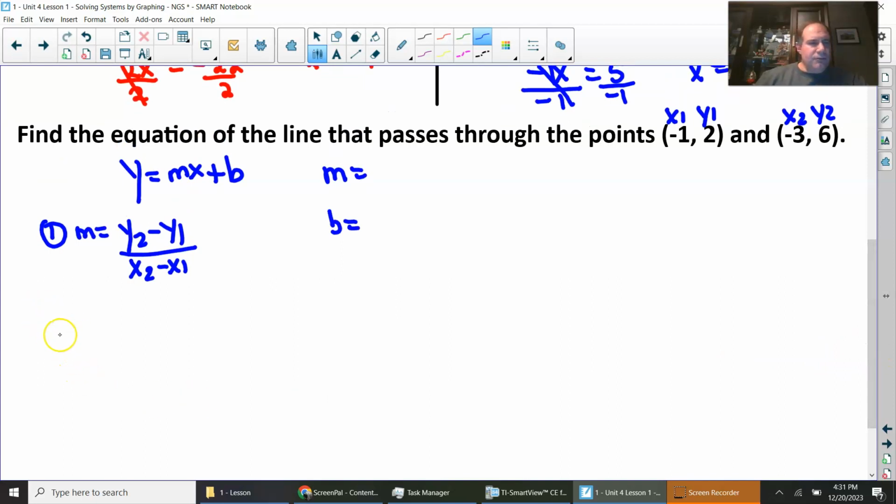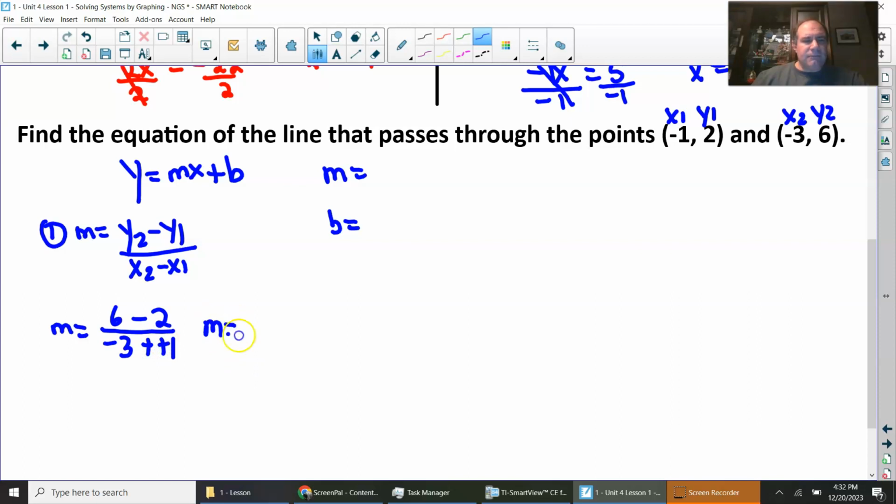I am going to now just substitute the numbers in. My y2 that I labeled is 6. The minus sign is from the formula, and my y1 is 2. My x2 is -3. The minus sign is from the formula, and then I have a -1. Anytime that you have a double negative, just go ahead and put a positive down.